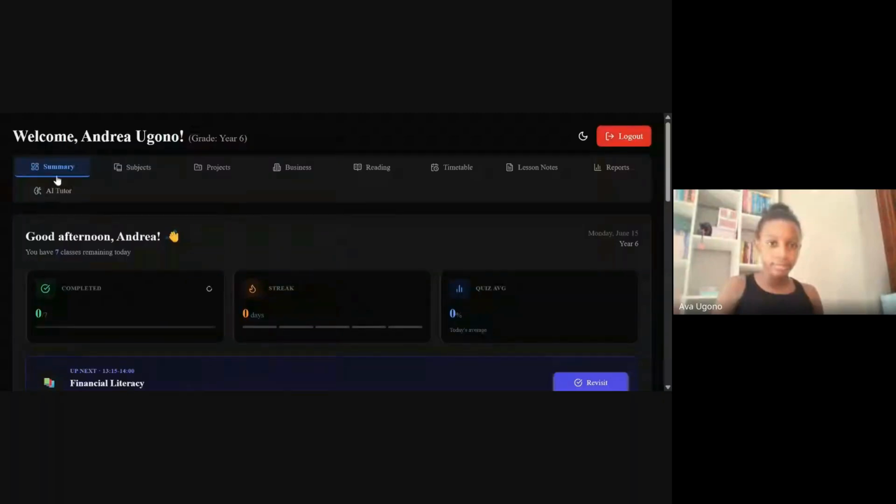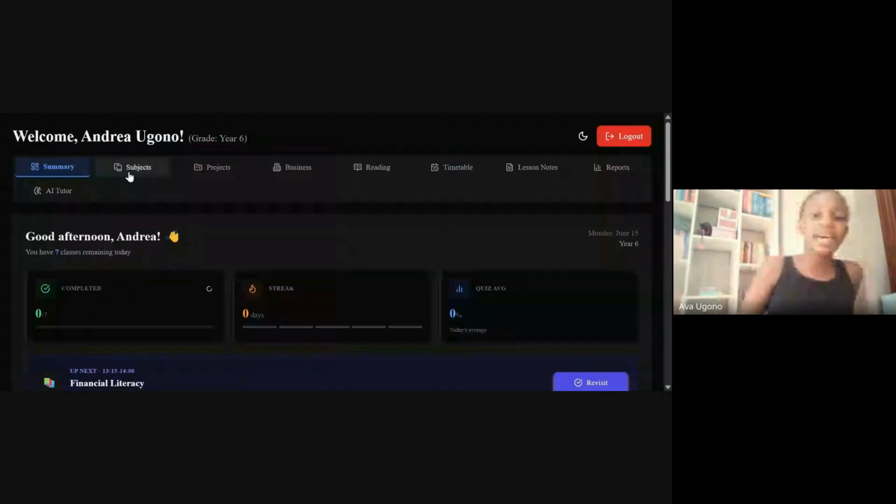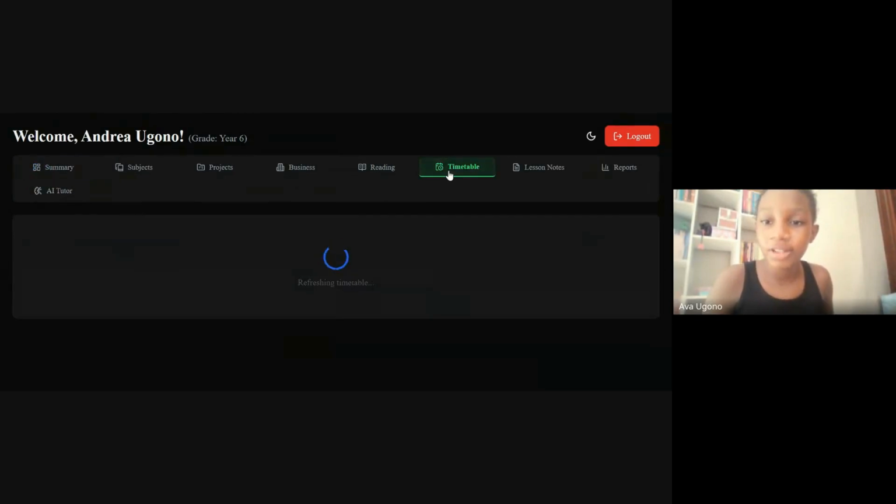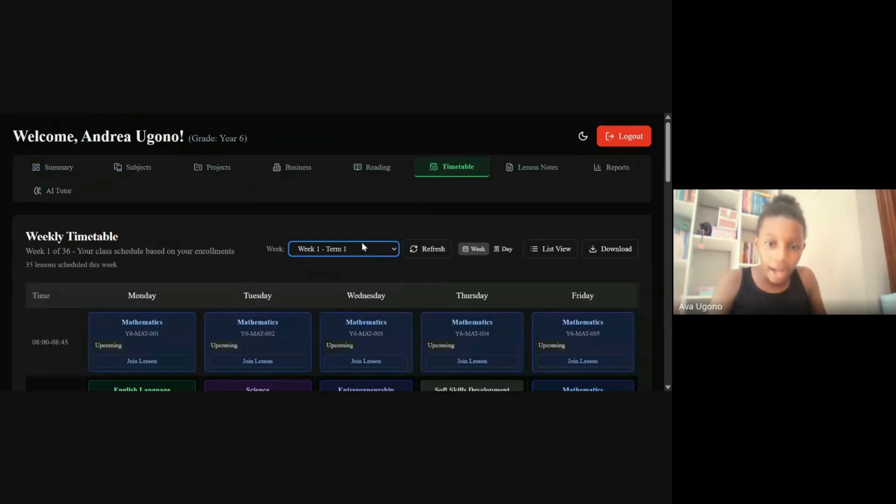And you can see the different tabs like summary, subjects, projects, business reading, and timetable. But since I want to start my lessons for the day, I'm going to go into the timetable to see which classes I have for the day. I'm going to select the week, and it is currently week 31.